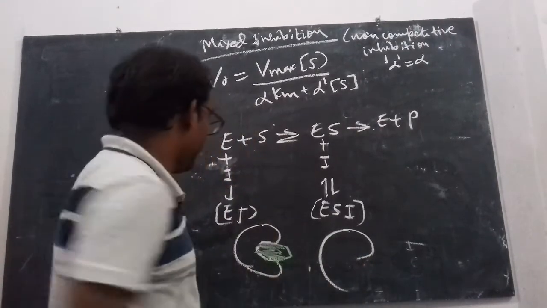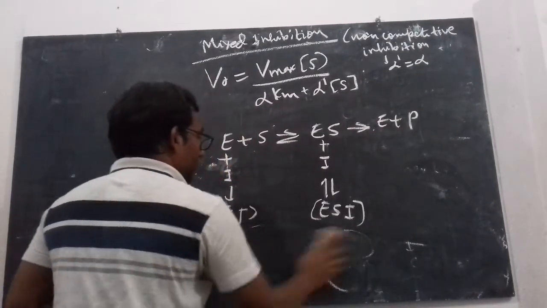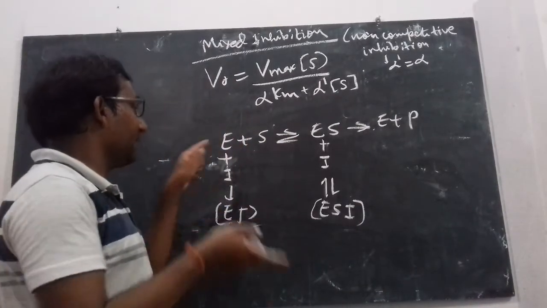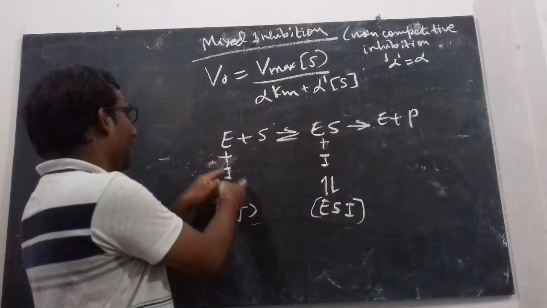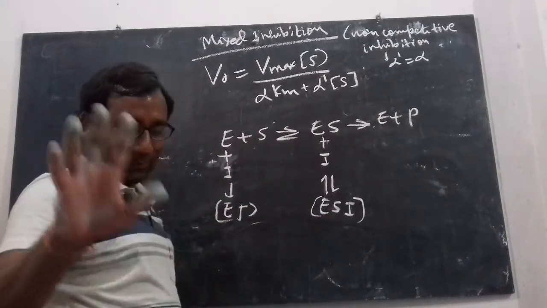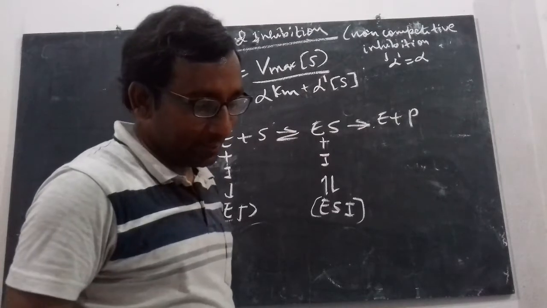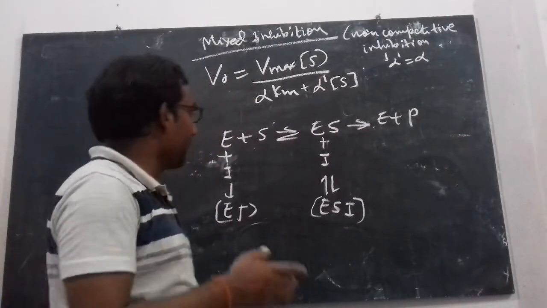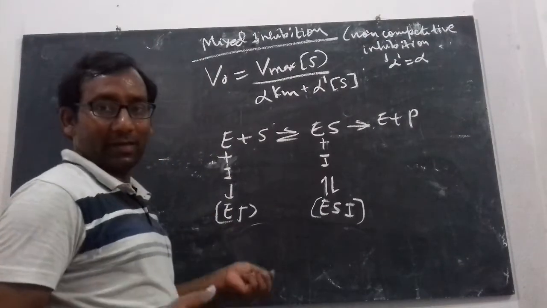Let me write like this. They also bind to a site other than the active site, but they are free to bind either to the enzyme or to the enzyme substrate complex. Only this much I think will suffice. If not, I can draw the picture for you, but it will take a lot of time.